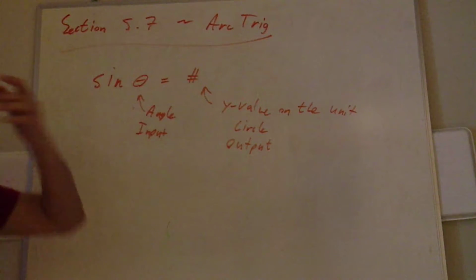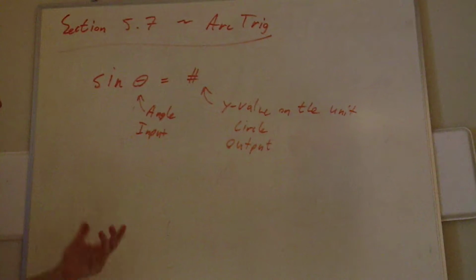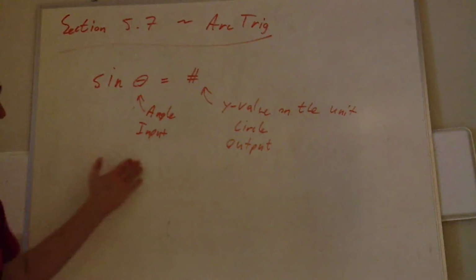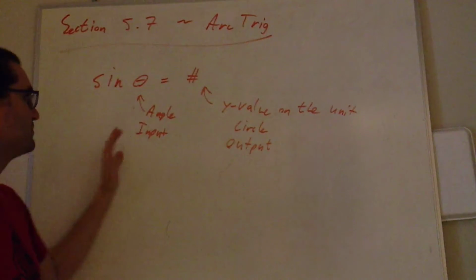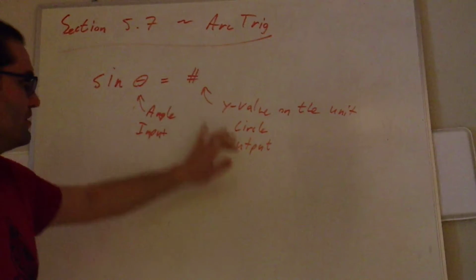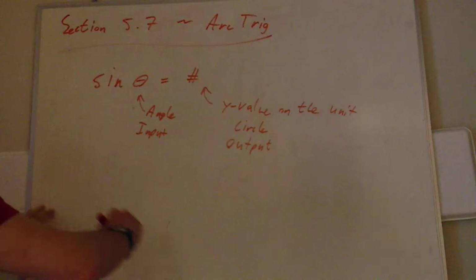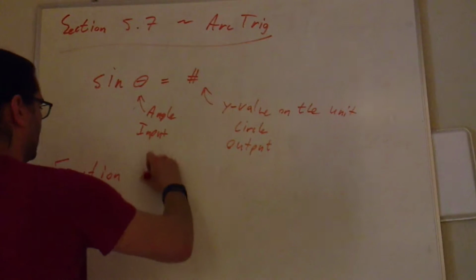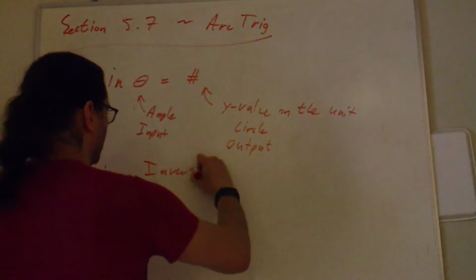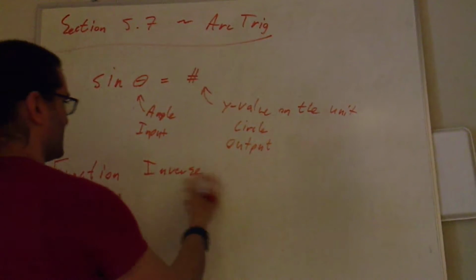We talked a while ago about how you can think of functions in terms of input and output. Every input has exactly one output. Here your inputs are angles and your outputs are y values. So the function inverse flips the input and the output.